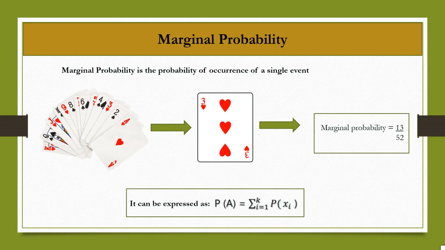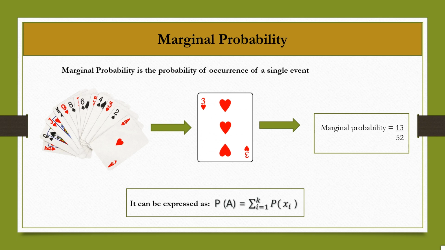The probability of an event occurring unconditional on any other events is known as marginal probability or unconditional probability. Let's say you want to find the probability that a card drawn is a heart.